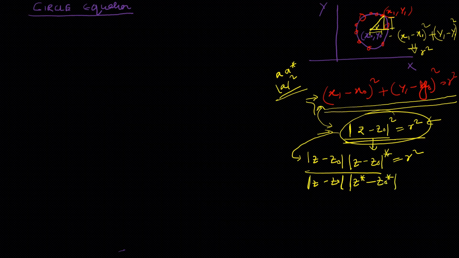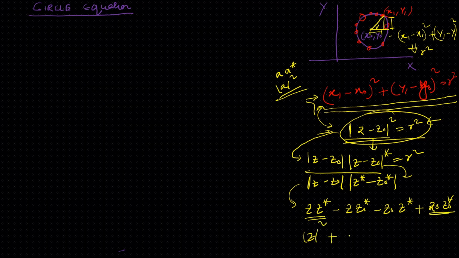Because outside of the mod, the conjugate can come inside. This is one theorem. If I extend it further, I can write it as mod z whole square minus z star z naught minus z z naught star plus z naught mod whole square.